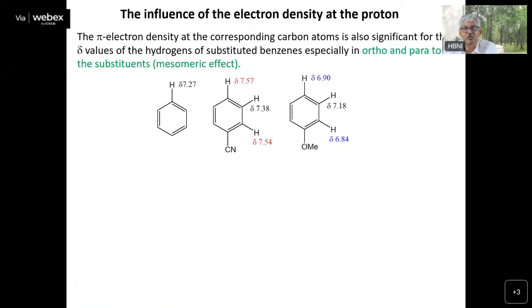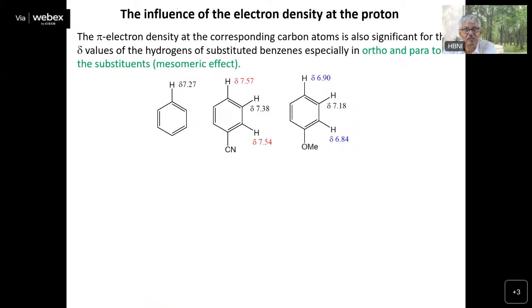Similarly, you can see the resonance effect of how the chemical shifts of the ortho protons and para protons are affected by putting an electron donating group or an electron withdrawing group. For example, benzene comes at 7.27 ppm, but if you take cyanobenzene, you see the ortho proton is now deshielded because of the electron withdrawing effect.